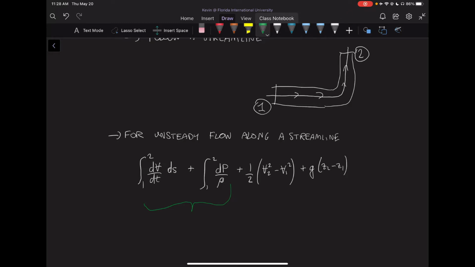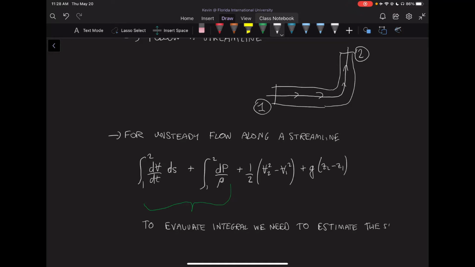Okay, so I'm going to write: to evaluate integrals, we need to estimate the unsteady effect.